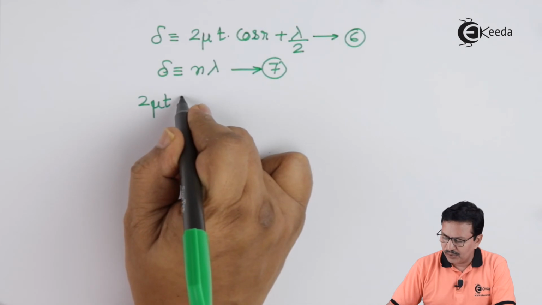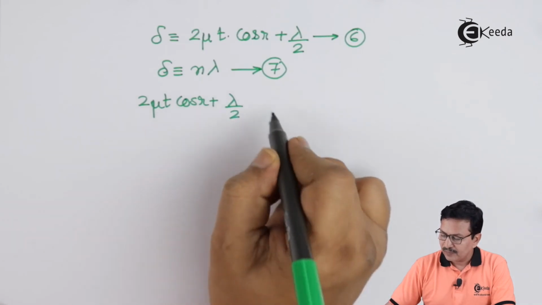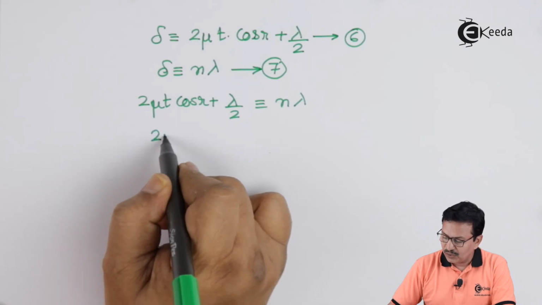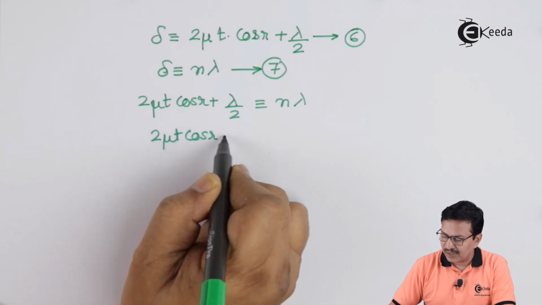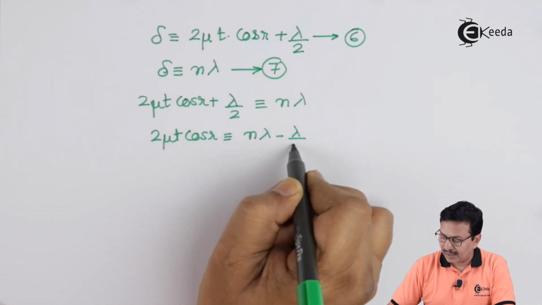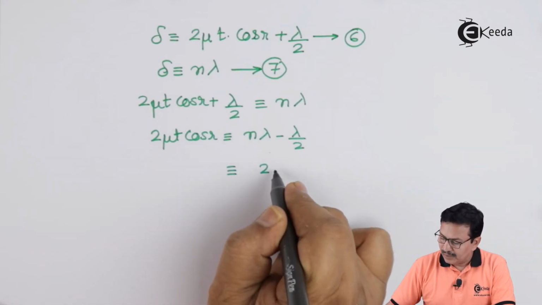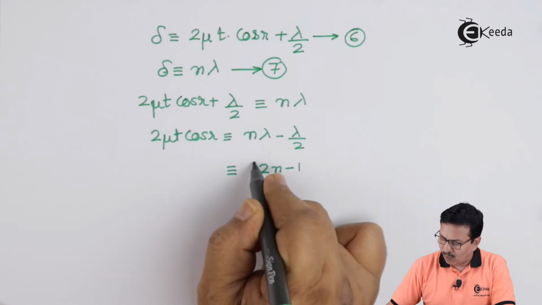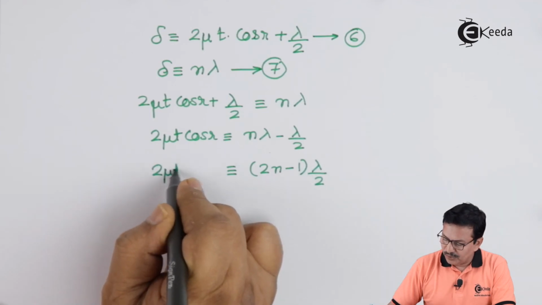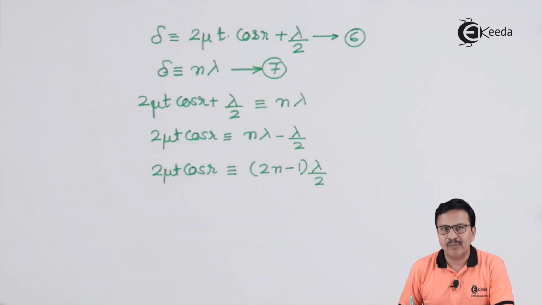So this is going to be 2 mu t into cos of r plus lambda by 2 is equal to n lambda, which simplifies to 2 mu t into cos of r is equal to n lambda minus lambda by 2, which is equal to 2n minus 1 into lambda by 2.